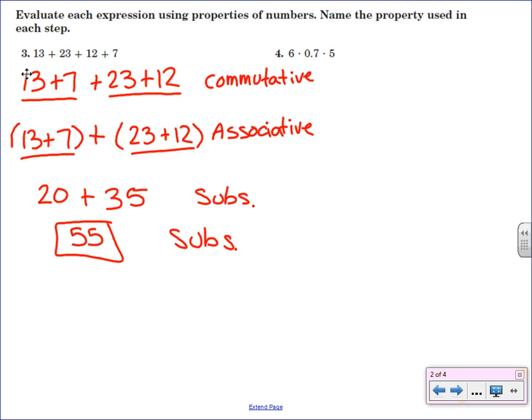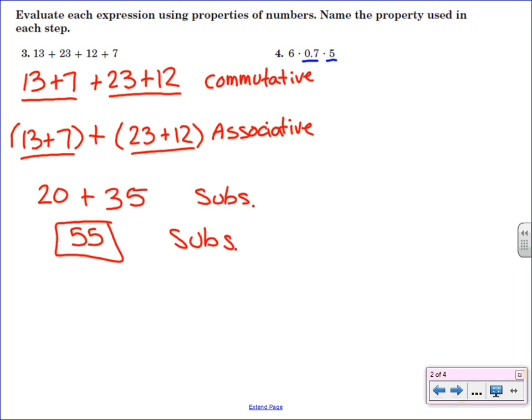In the next one, I'm going to look for something that, again, makes a nice even 5. The problem is I have a decimal with my 0.7. But I know that if I multiply 7 by 5, it's going to end in a 5.